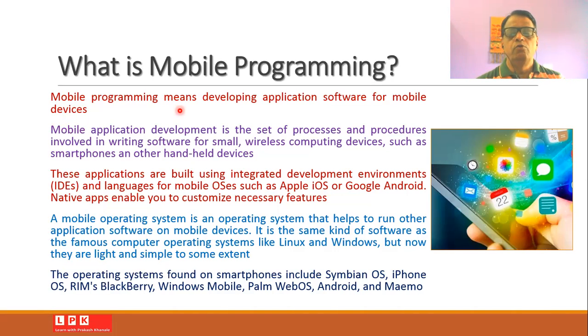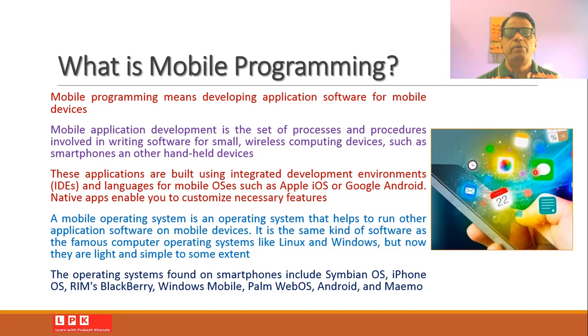Whenever you use any mobile phone, you will find that there are several applications available, such as calendar, short message service, clock, photo identifier, message service, calculator. So there are different applications available.